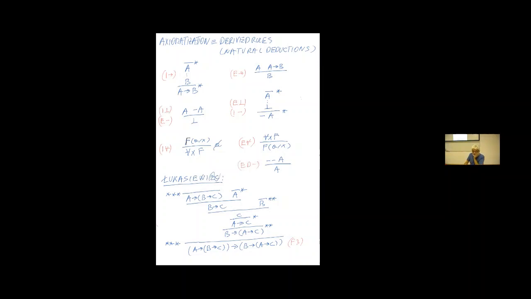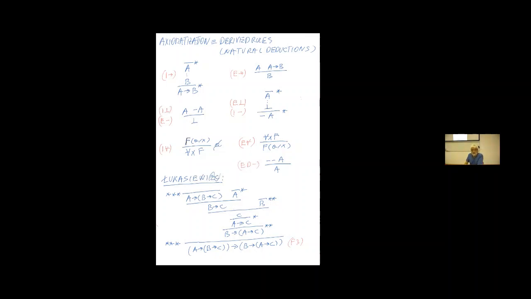Now people recognized, especially Gentzen recognized, that these derived rules are actually very symmetric. You have one rule for introduction of each connective and one rule for the elimination of the connective. And so you have this system of introductions and eliminations.